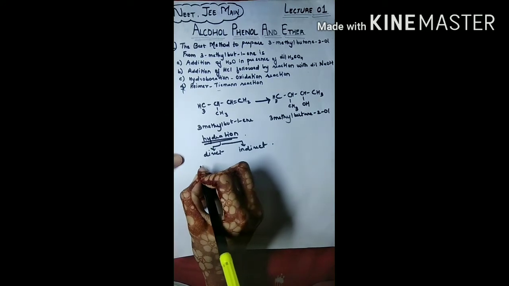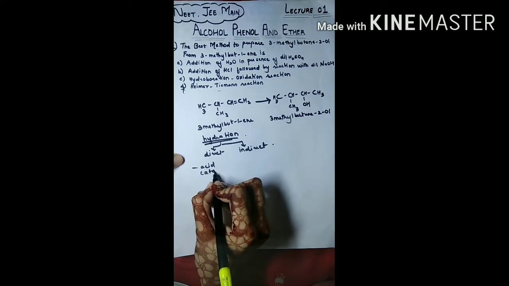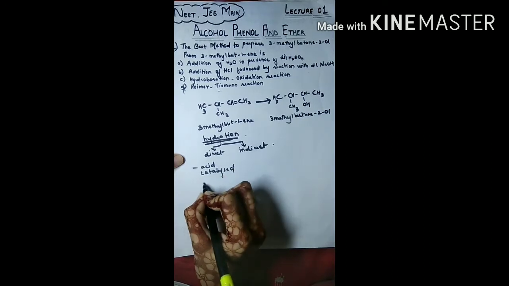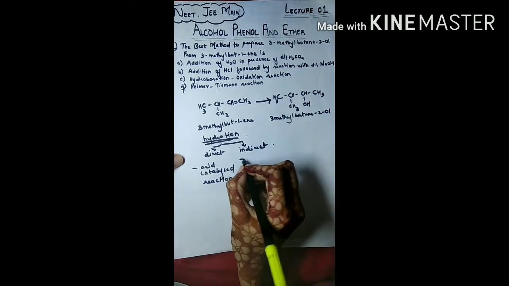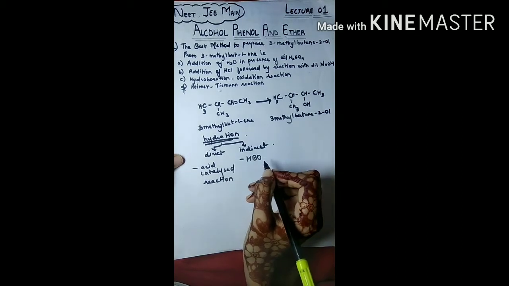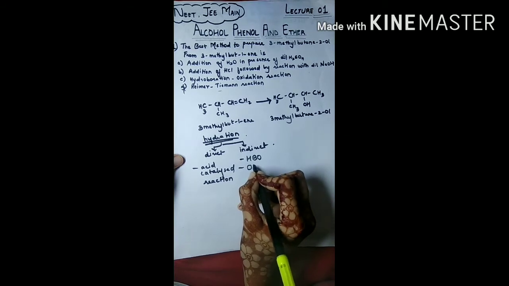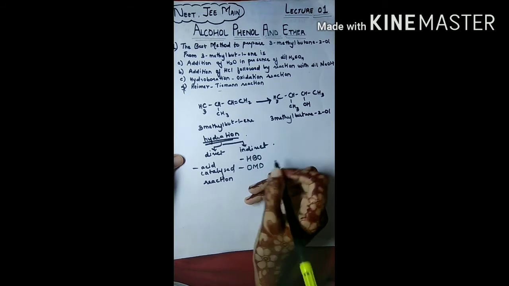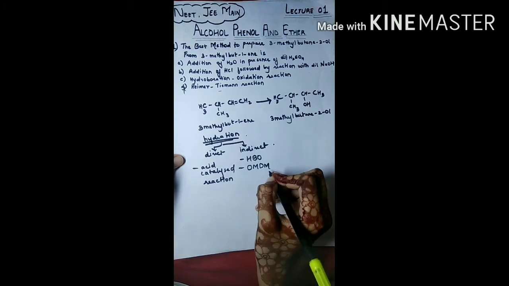In direct method we have acid catalyzed reaction, that is nothing but our correct option A, addition of water in the presence of H2SO4. And in indirect method, hydroboration oxidation reaction can be written as HBO, and oxymercuration demercuration reaction, that is OMDM.